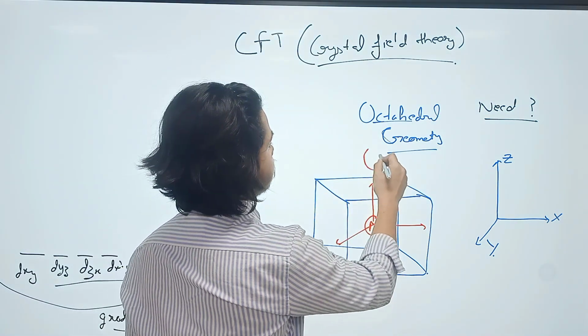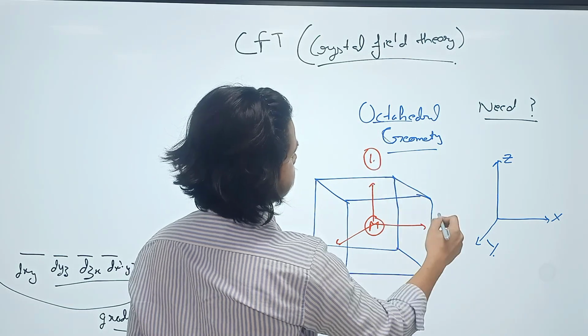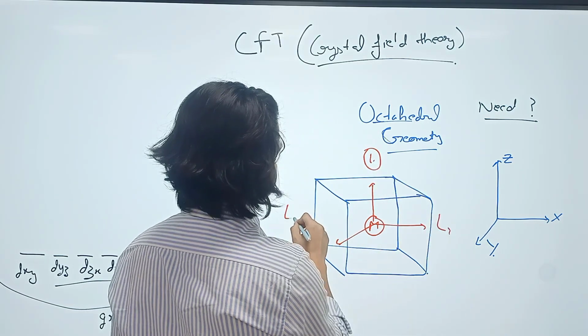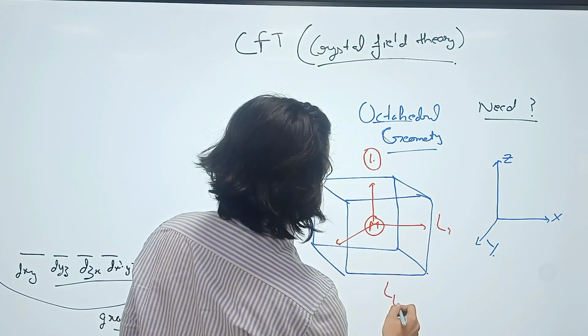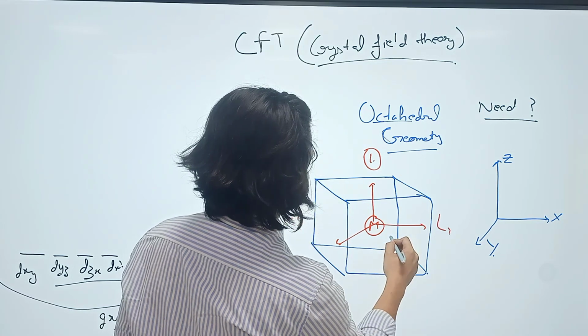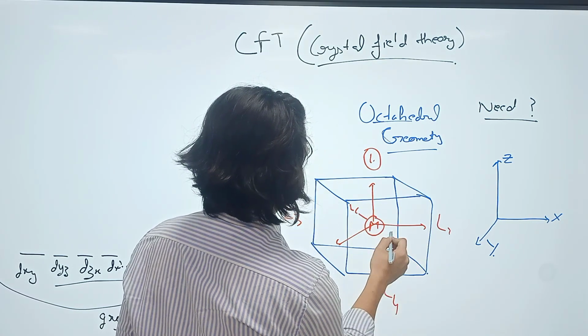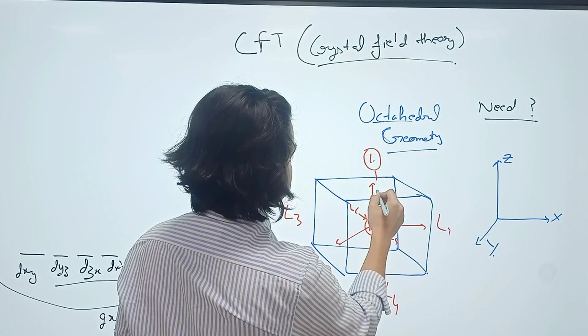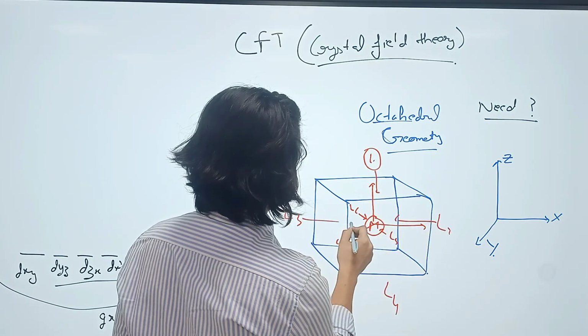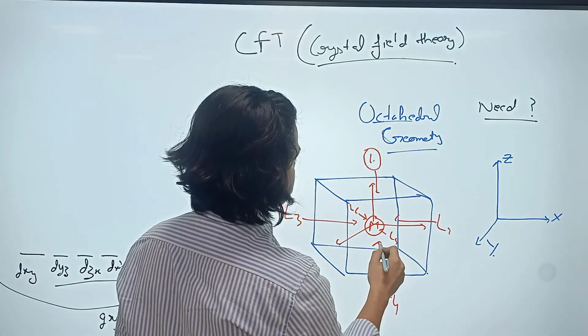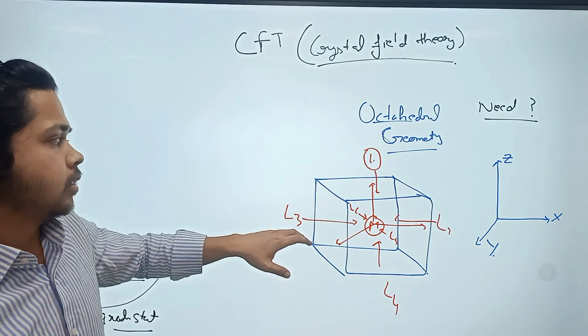This is our first ligand, second ligand, third ligand, fourth ligand. All these ligands approach the metal along the axis.